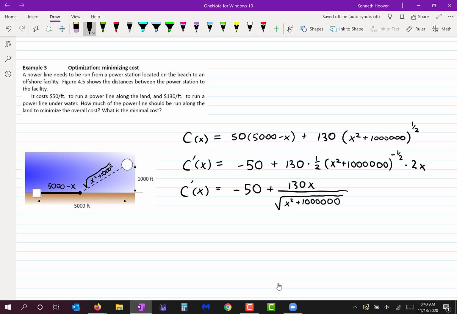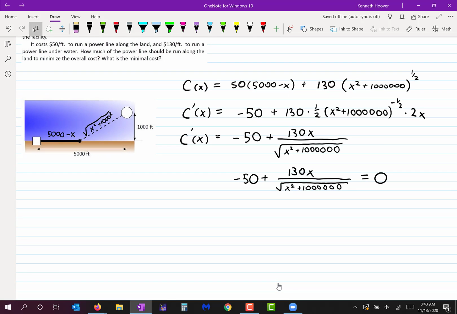How do we find critical numbers? We set the derivative equal to 0 and solve for x. So I'm going to set the derivative equal to 0. Let's move the 50 to the other side.